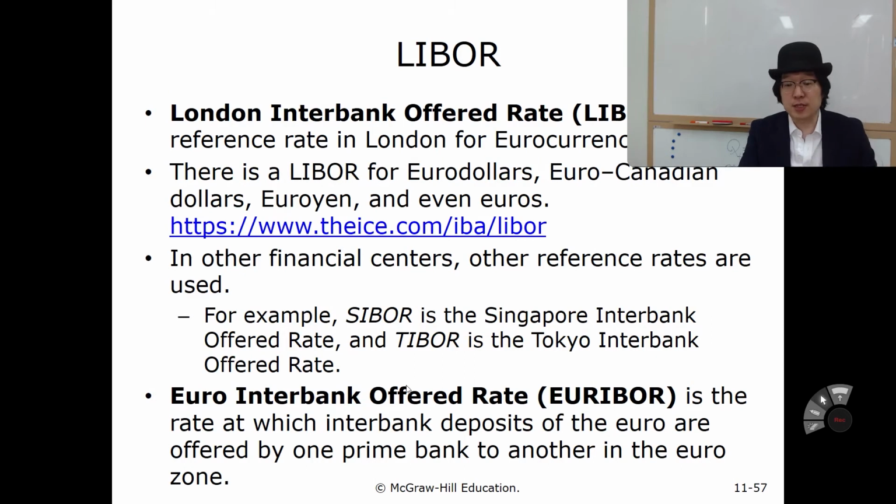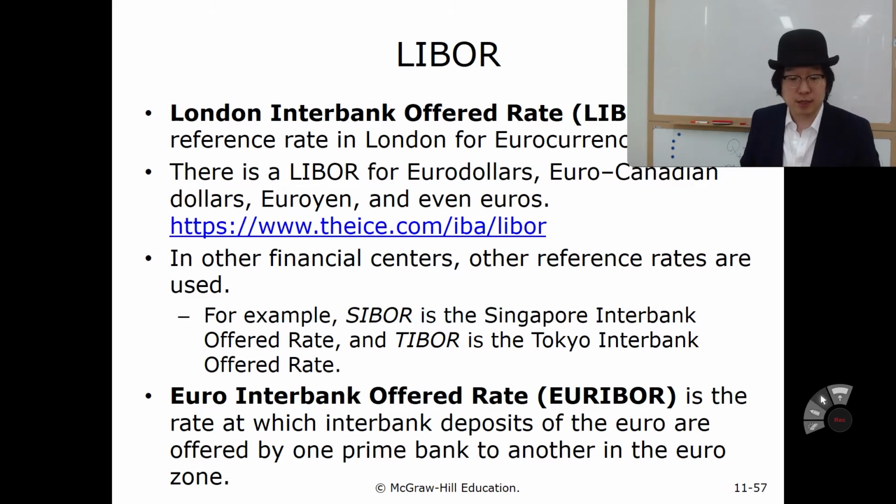In other financial centers, other reference rates are used. For example, SIBOR stands for Singapore Interbank Offer Rate, and TIBOR stands for Tokyo Interbank Offer Rate. The Euro Interbank Offer Rate is also there, and we call it Euribor.